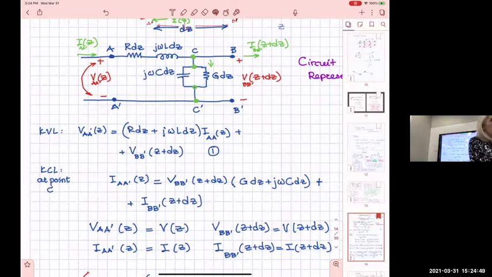Plus, therefore, according to Kirchhoff's law, whatever voltage applies across C and C prime, the voltage drop across C and C prime is nothing else but the voltage drop across B and B prime. Do you agree?